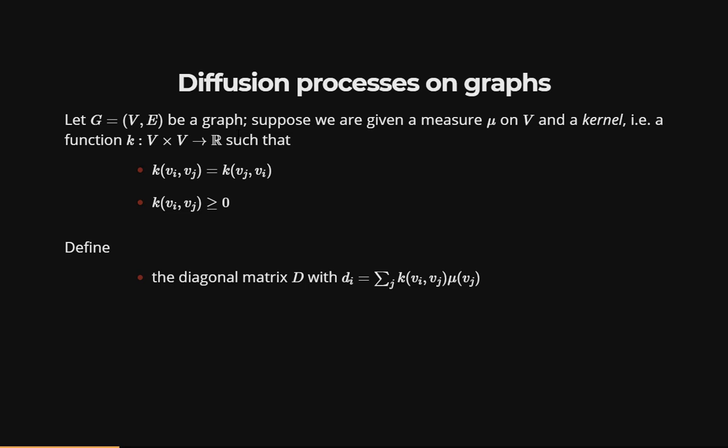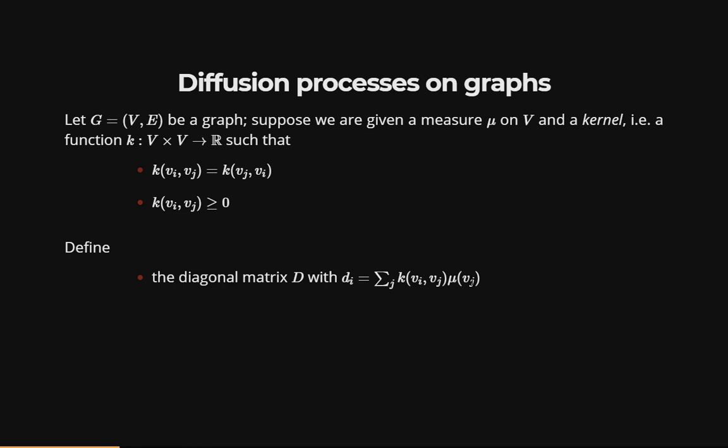We define the diagonal matrix D with entries Di, the ith element on the diagonal, which is the sum over j of K(Vi, Vj) times mu(Vj).